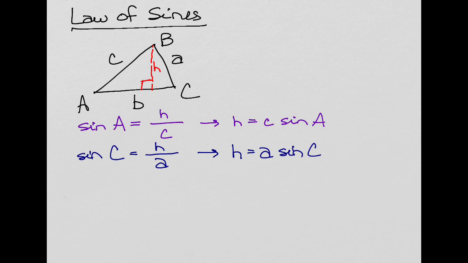So I can say A times the sine of C is equal to C times the sine of angle A.